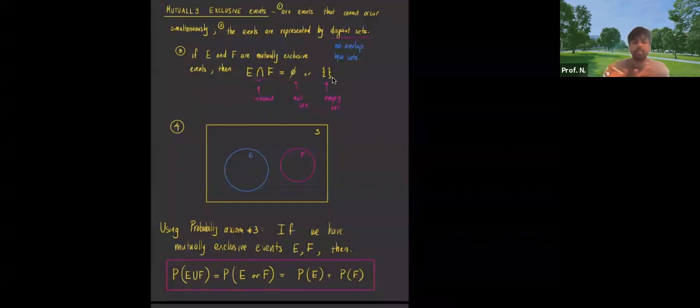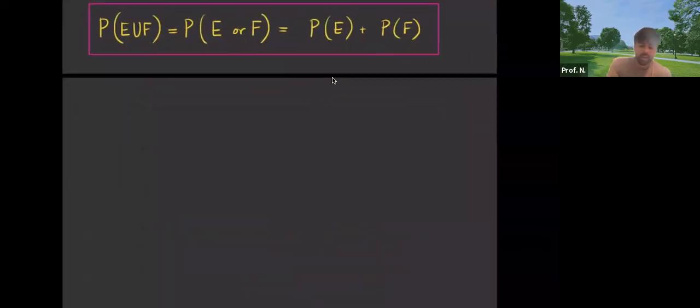These events are mutually exclusive. These events don't have an overlap. These events don't occur simultaneously. If you have that, then you add. So the understanding or interpretation of our problems becomes very important, to understand whether the events we're considering are indeed disjoint, meaning mutually exclusive, or if they're not.